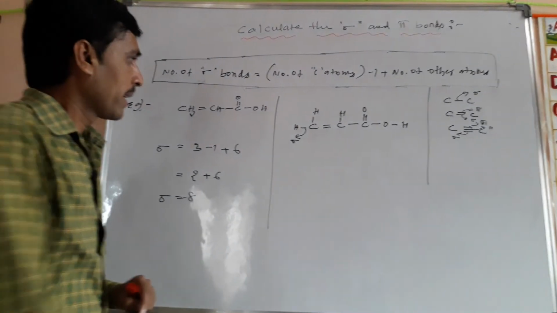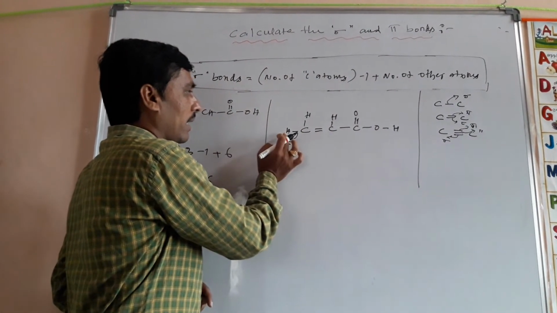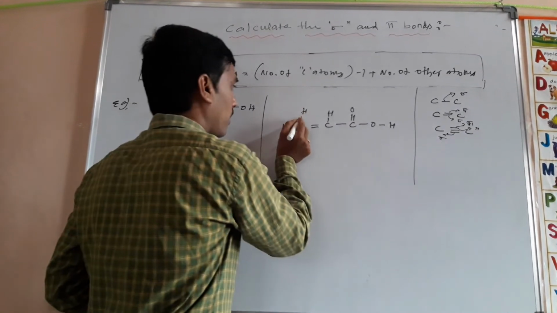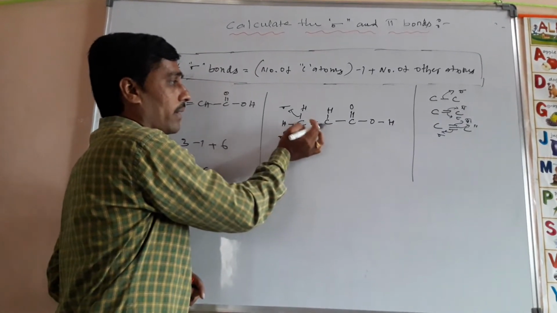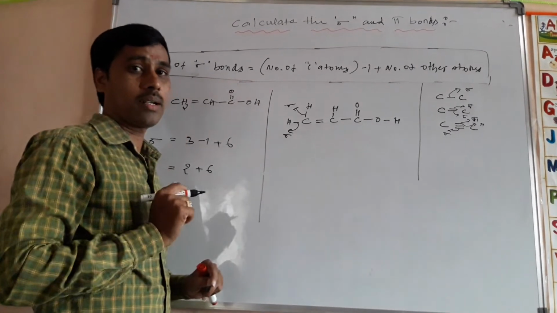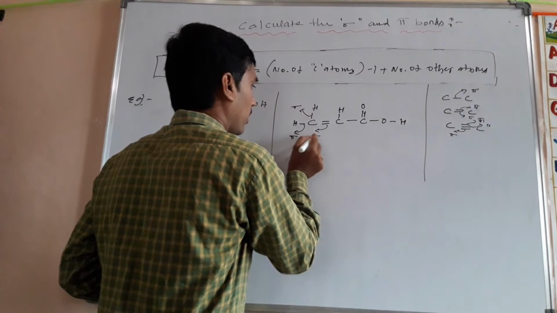Let us see this example. Observe that the C and hydrogen bond is a sigma bond.